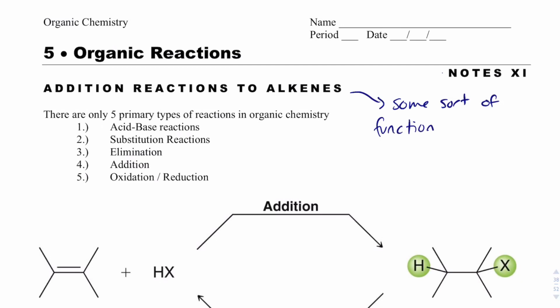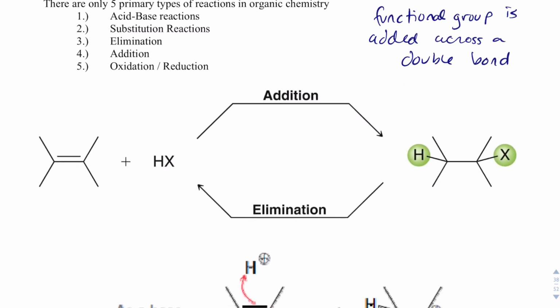and I'm writing functional group, but it doesn't always have to be a specific functional group. Just some sort of group is added across a double bond. Okay, and it's essentially the opposite of an elimination reaction.